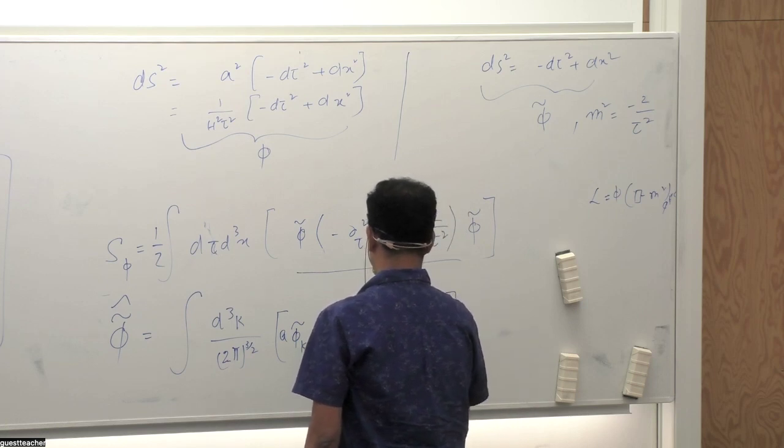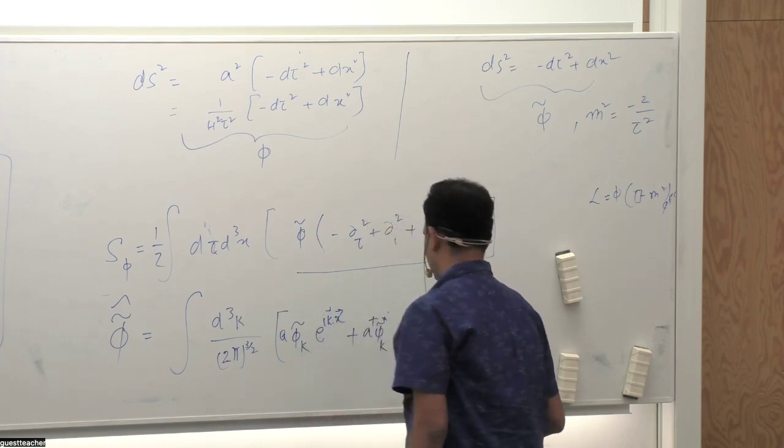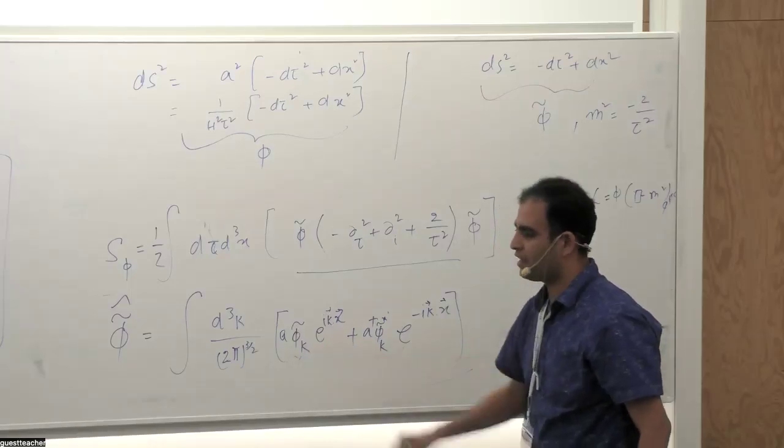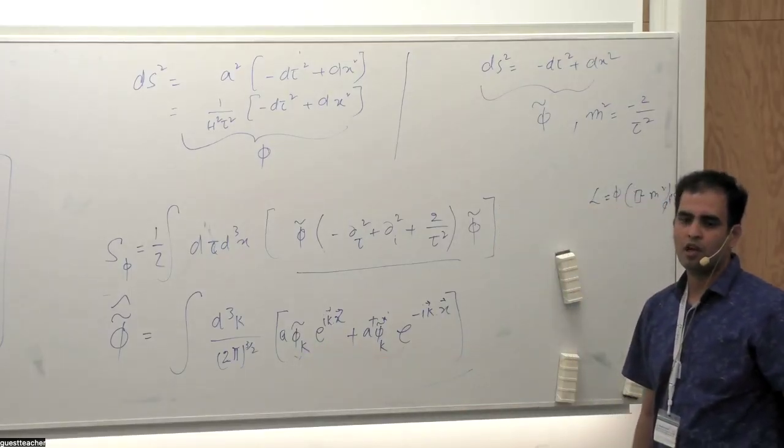This is 3-vectors. This is just for the transform, and this phi k is a function of tau.